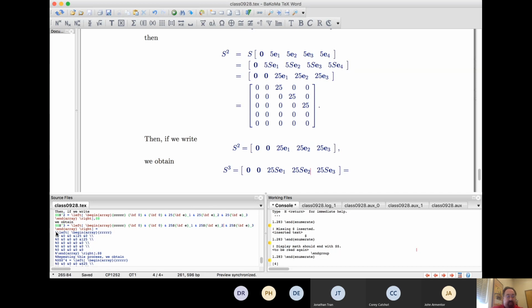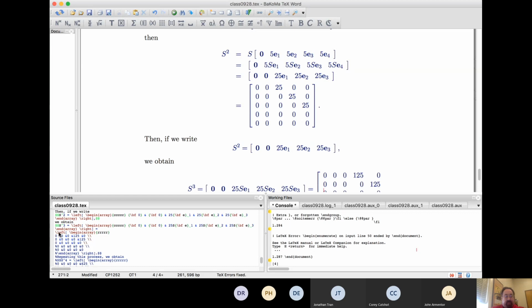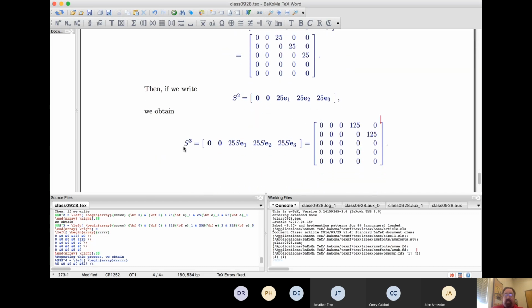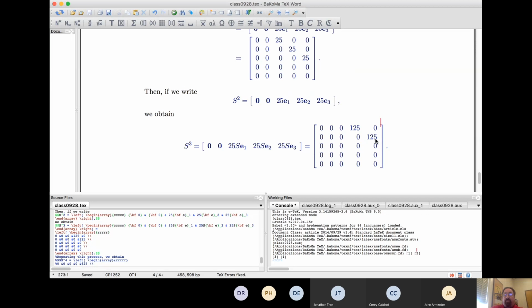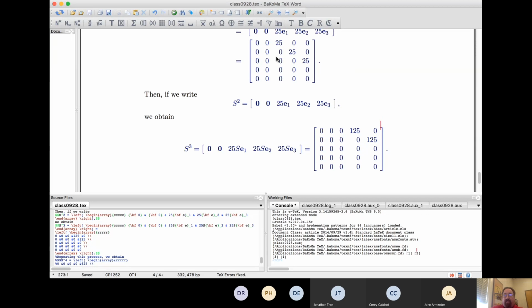So if I continue like I did before in computing S squared, what's going to happen is this. I'm going to get 125s, and now I'm on the 1, 2, third column. So the numbers keep advancing to the right in a diagonal fashion, and I keep multiplying by 5.